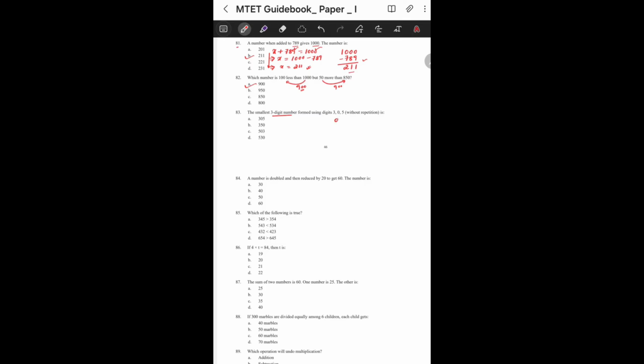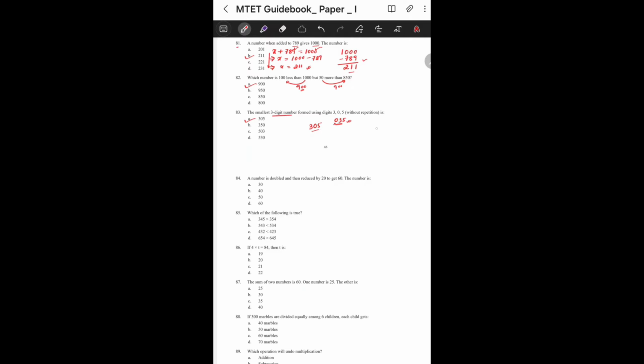If you write 0 first, then 3, then 5, it is not a 3-digit number, because 0 on the left side has no value and it will be considered a 2-digit number. So we write 3 first, after that 0, and then 5. That means 305 is our correct answer. So option A is your correct option here.